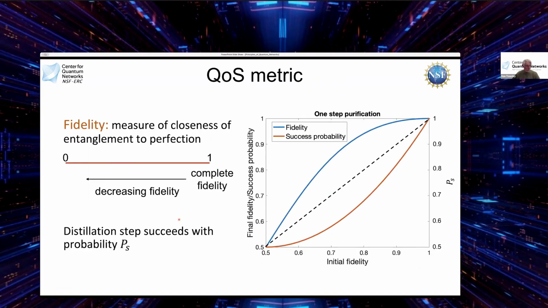So it turns out that when you do distillation, there's some probability that you'll have success. Here I have a graph. Suppose we take as the x-axis the initial fidelity of the two qubits using the protocol on the previous slide, and what I'm showing in blue is the final fidelity.